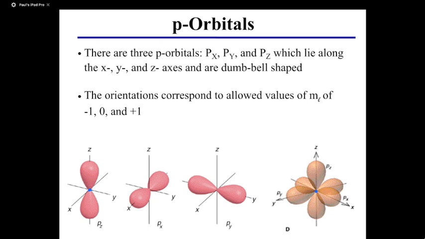Okay? The first time I see a P is in level 2. I also have a P in level 3. What would level 3 P look like? Exactly the same shapes, just larger, further away from the nucleus. Okay? And so, P's have 3 different shapes.